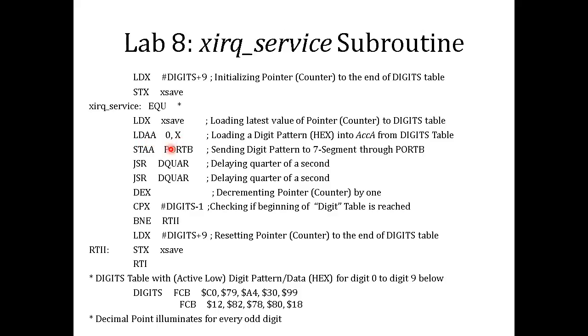After all of these lines, we are saying LDAA digits, right? Now what this digits means, that's the address of digit. I should actually say digit plus 9, because at this point the index register X says digit plus 9, right? So basically what we are saying is LDAA digit plus 9.